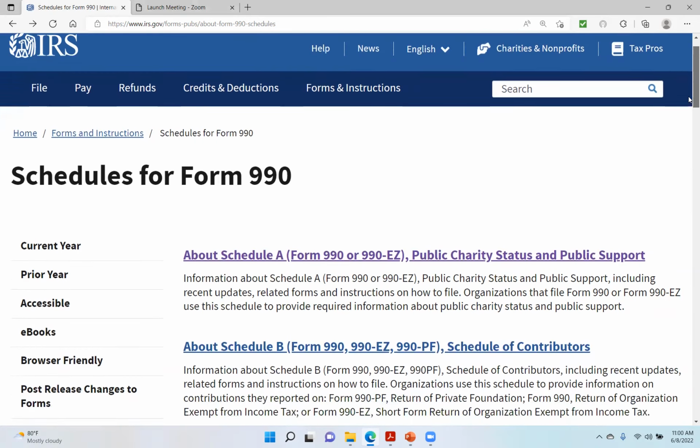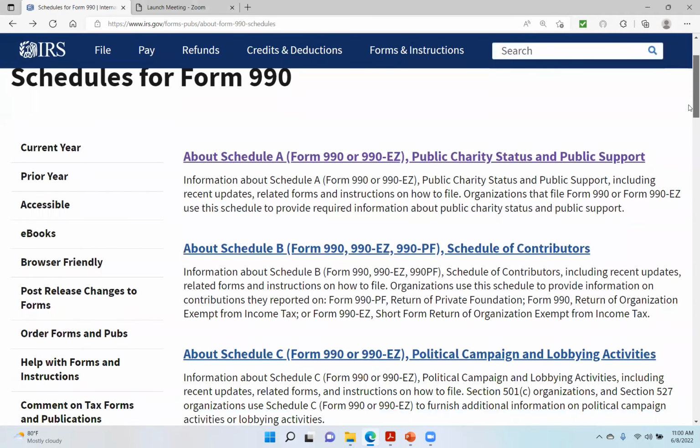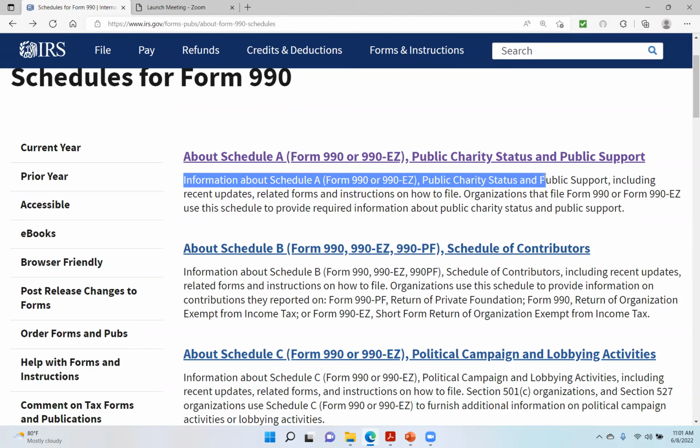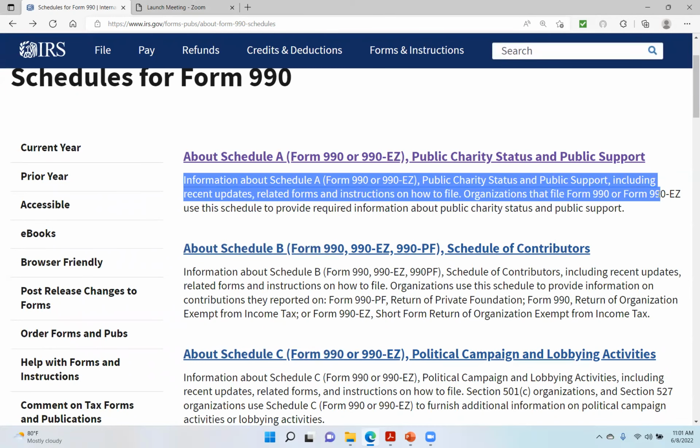So Schedule A is one of the schedules. It says about Schedule A, Form 990 or 990EZ, Schedule A pertains to public charity status and public support. So information about Schedule A, Form 990 or Form 990EZ is public charity status and public support, including recent updates, related forms and instructions on how to file.